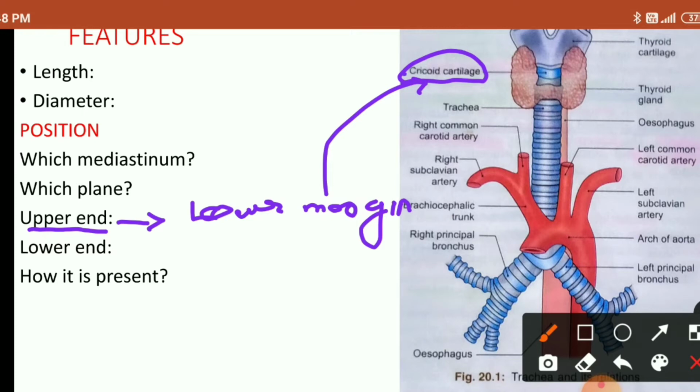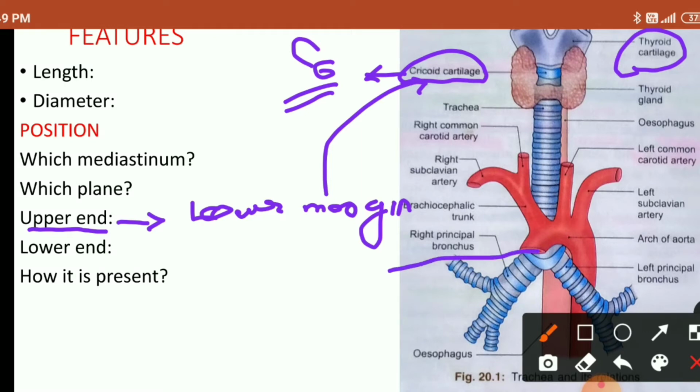Okay, and this cricoid cartilage corresponds to sixth cervical vertebra, and it is guarded at the upper end by thyroid cartilage. So always remember that this thyroid cartilage acts as a shield for trachea. Okay, then it extends downward in the median plane, and it finally extends up to the fifth thoracic vertebra.